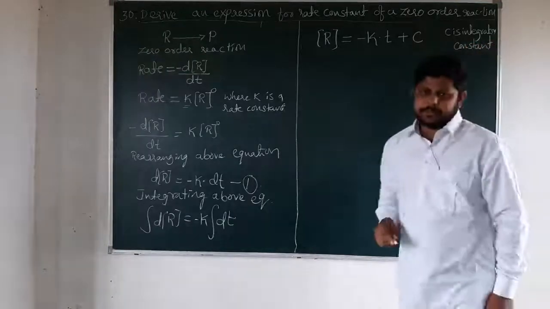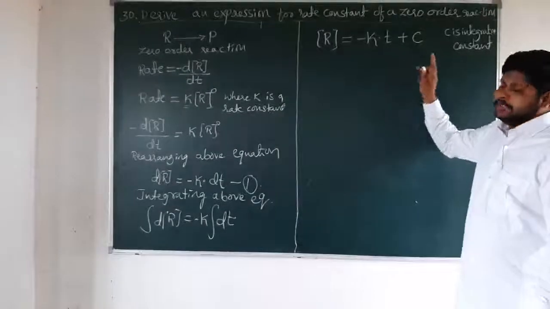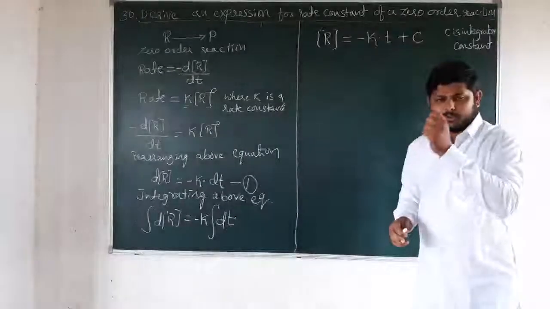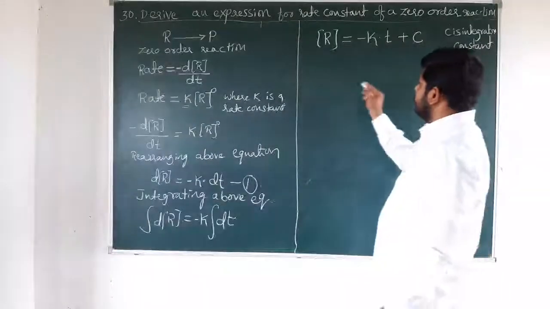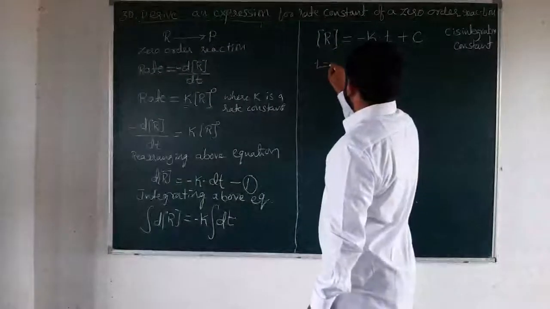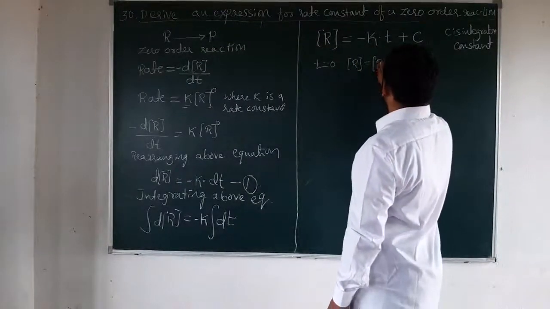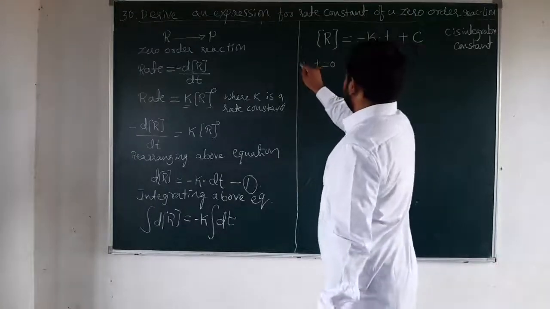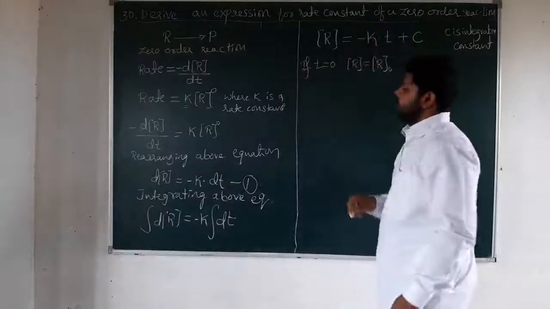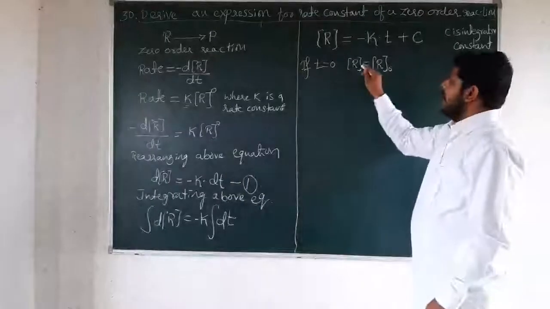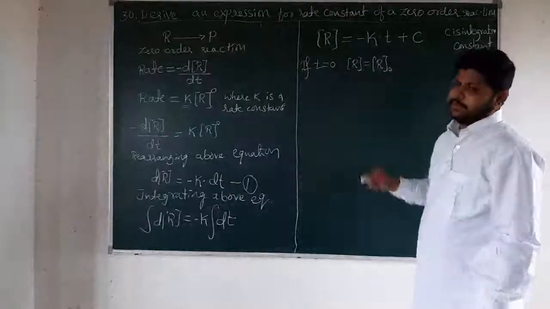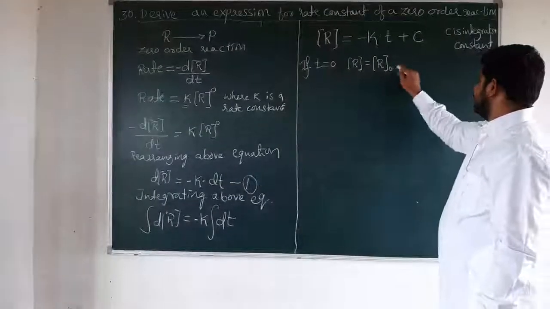So this is one expression. We don't want C. To get the value of C, let us take t equals 0, [R] equals [R] naught. If t equals 0, the initial time, the concentration of reactant is equal to the initial concentration [R] naught.